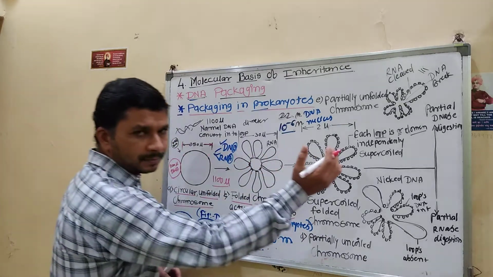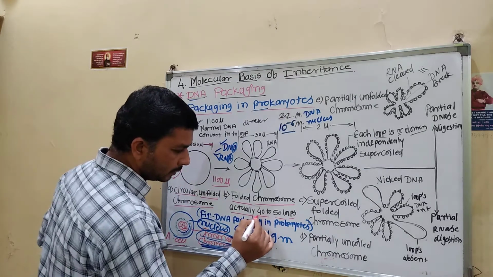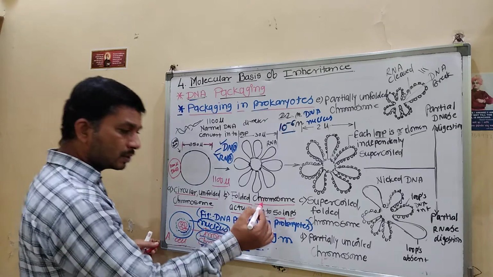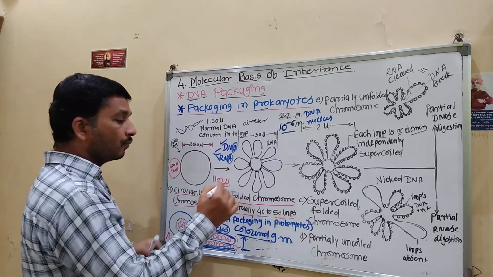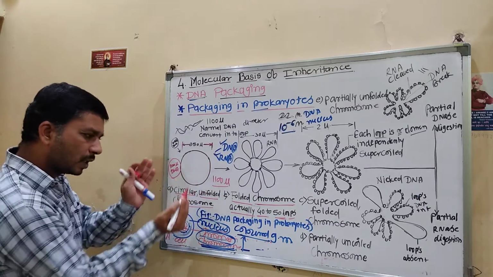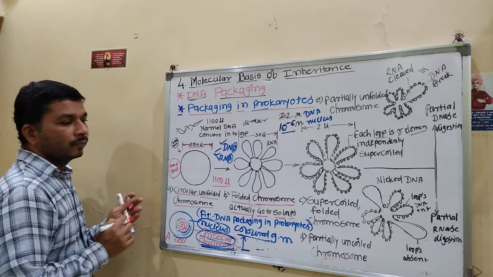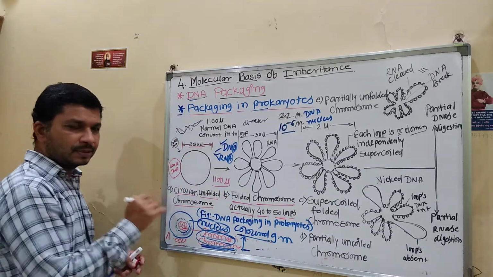This is a diagrammatic representation, but you know that these 40 to 50 loops, these chromosomes or this chromatin material, when they are circular and unfolded, their size is 350. But this is not sufficient.